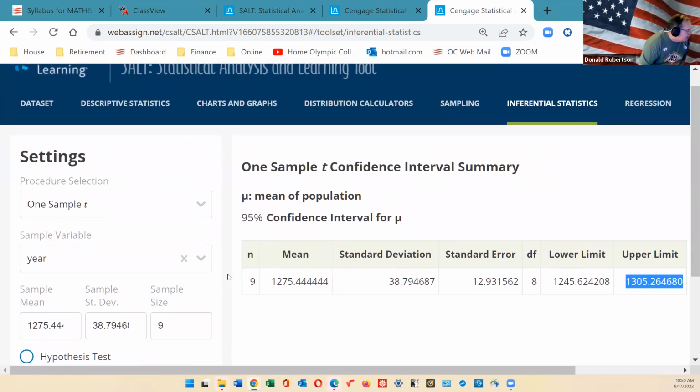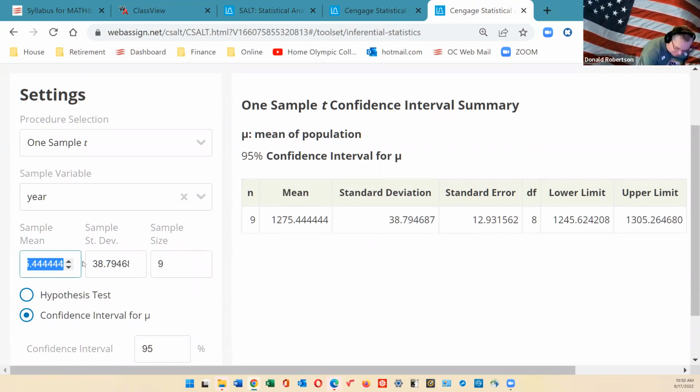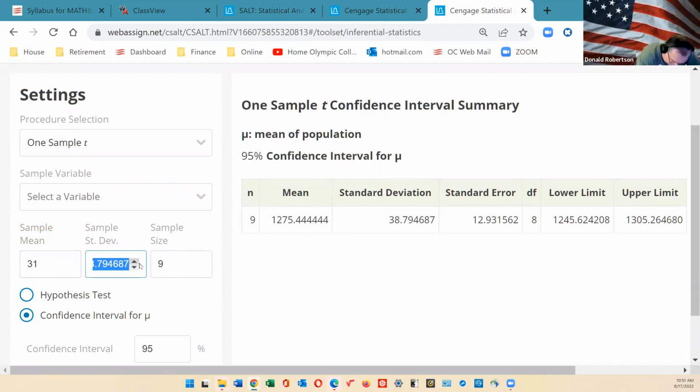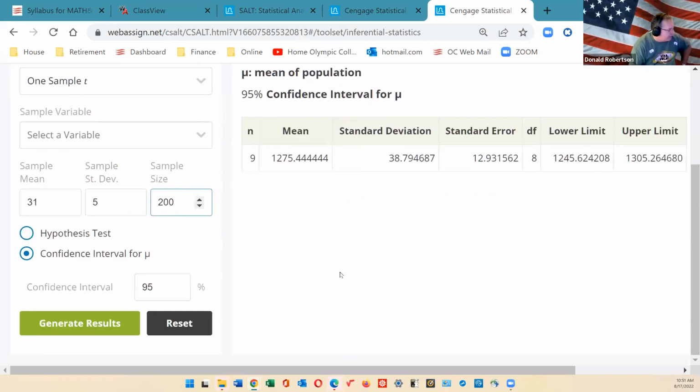Now, let's see if I can cheat now that I've got this one. In my story, the sample mean was 31. The standard deviation was 5. And the sample size was 200. There we go. So now I can actually put my story in.